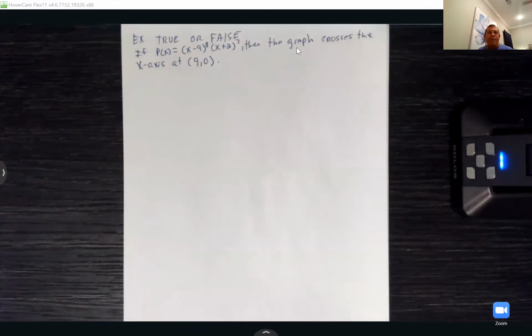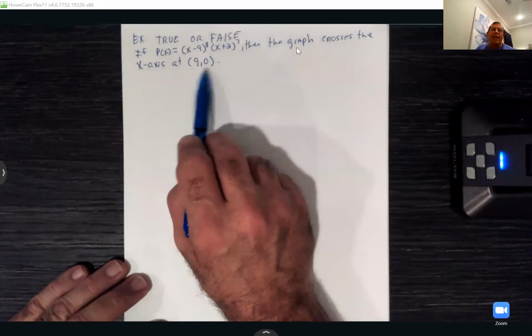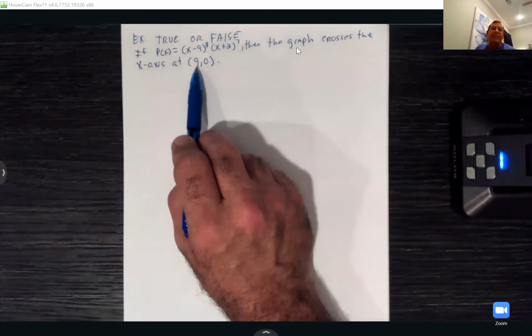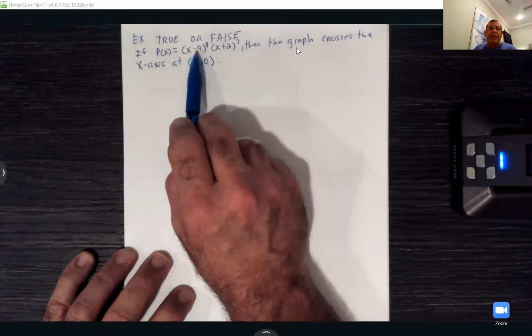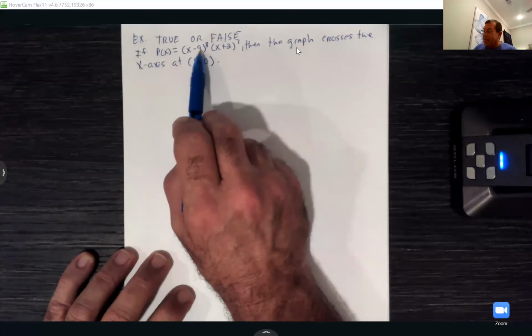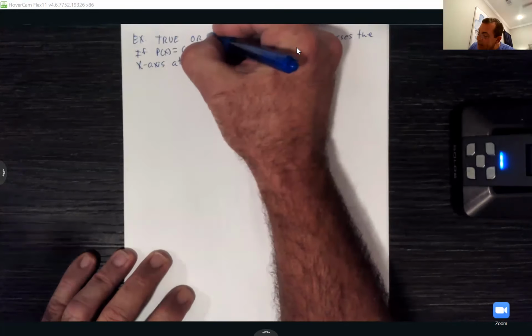Is that true or false? So I'll show you how I would do this one. 9, 0 is my x-intercept, which means 9 is the 0 they're looking at. So the only factor that has anything that could possibly be a 0 of 9 is this factor of x minus 9.